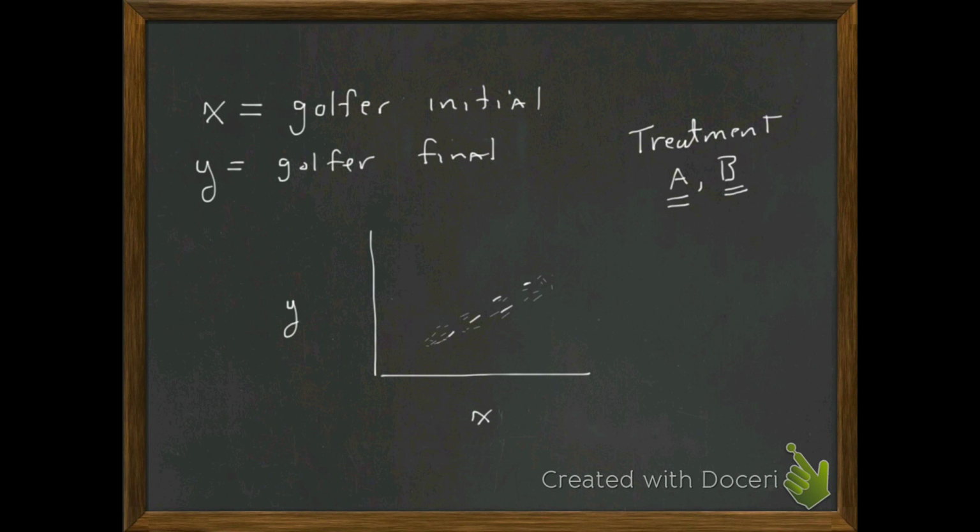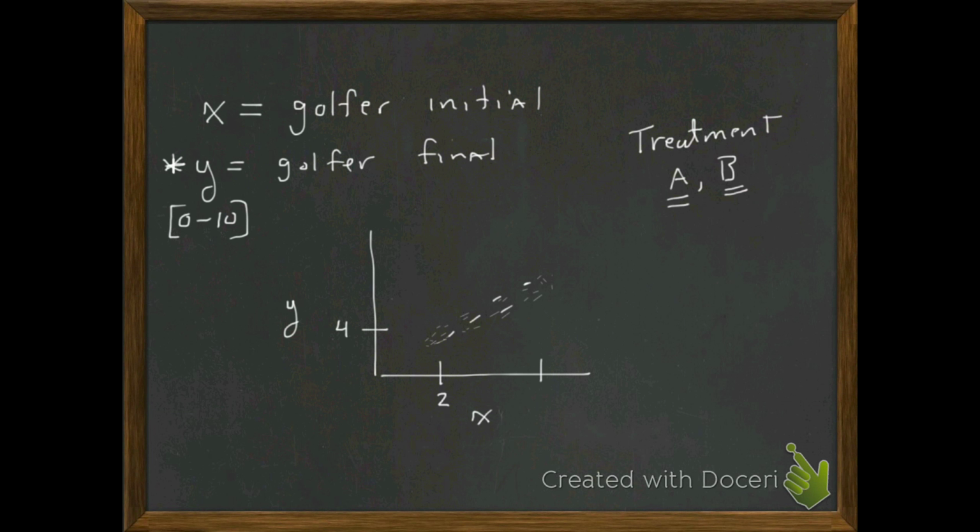So guys, notice that our y variable is quantitative. Let's just say that the golf instruction skill scores range from 0 to 10. So for example, we have one person that comes in with an initial skill set of 2, and they leave having improved from 2 to 4.